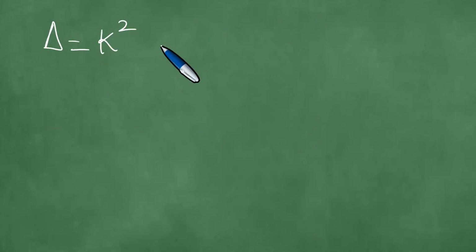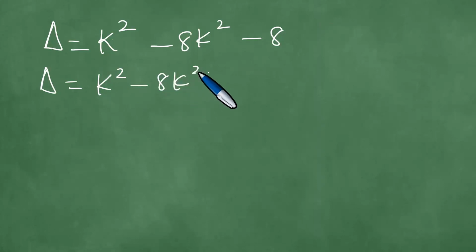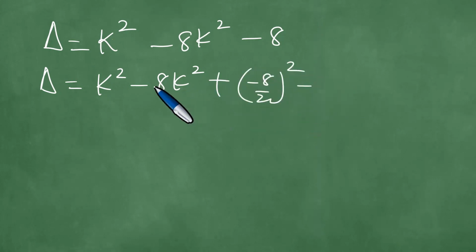K squared minus 8, minus this. Complete the square here. So you have minus this, minus that, you divide by 2. You take the coefficient of... okay, there's no square here.